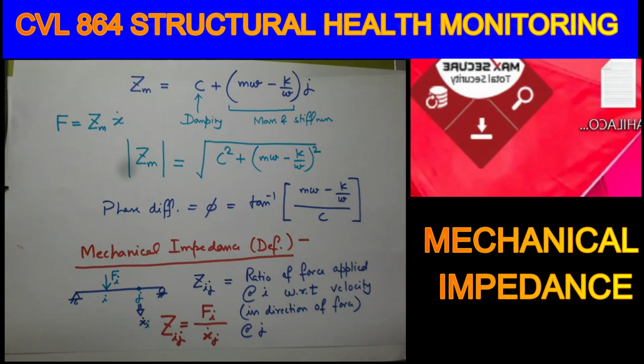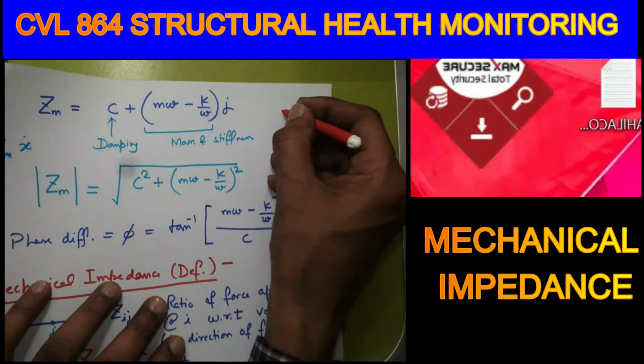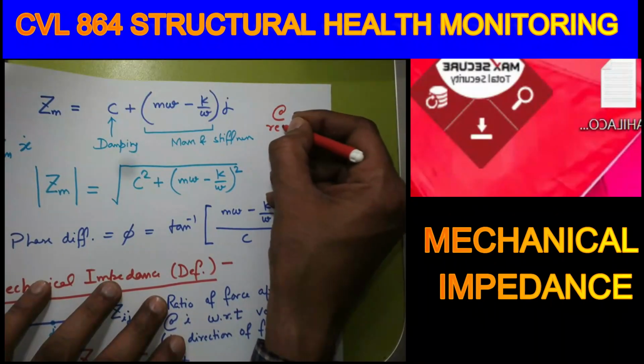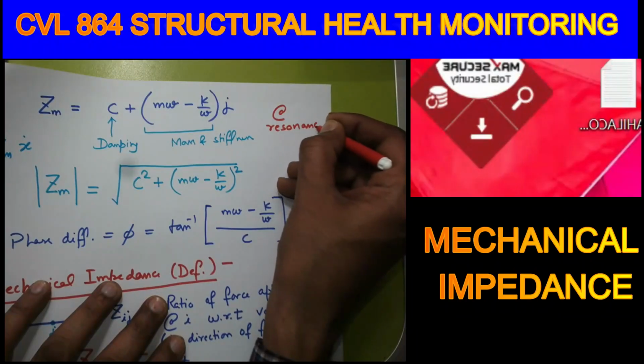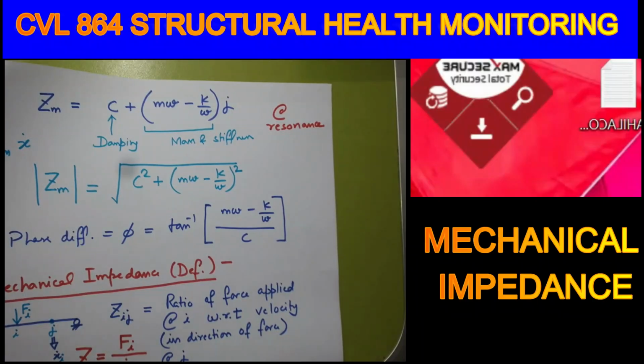Now another question: what happens to mechanical impedance at resonance? Here we are considering the single degree of freedom system. Will it be maximum or minimum? Minimum.